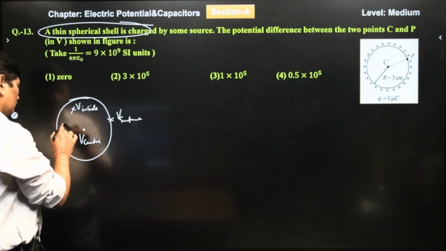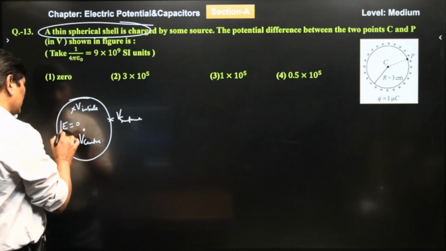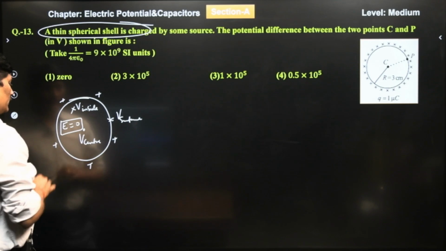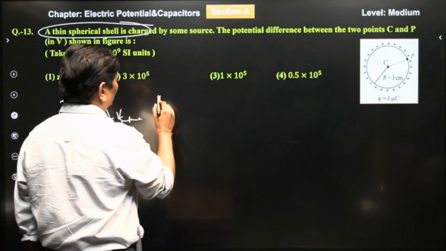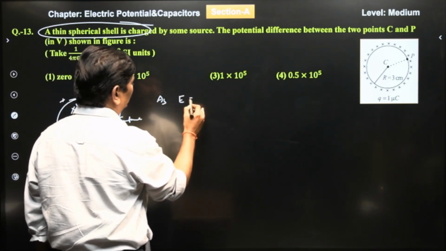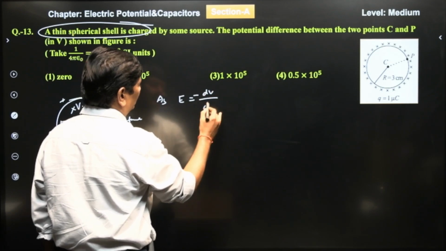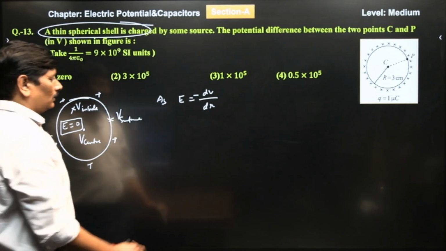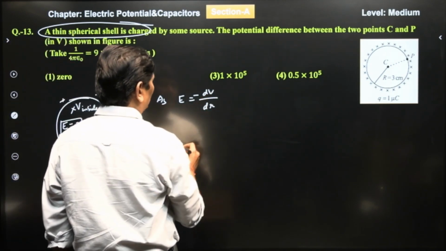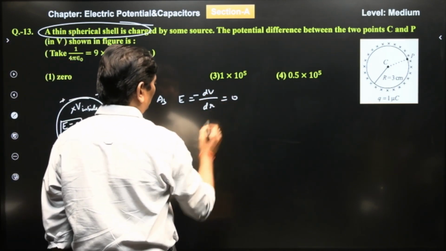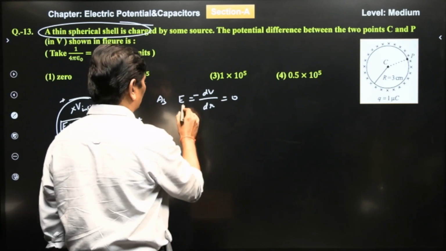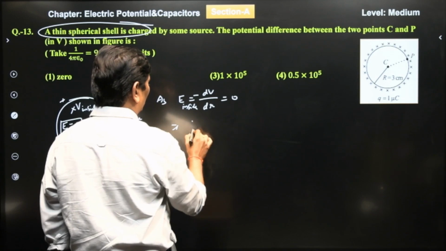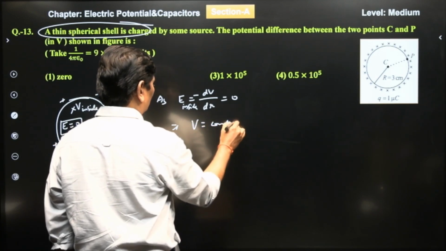Because there is no field inside. Inside a charged spherical shell, the electric field intensity is 0. We have the relation E is equal to minus dV by dr, the relation between electric field intensity and potential. So E is equal to minus dV by dr, which is 0 inside a spherical shell. That means V is constant. Potential is constant.